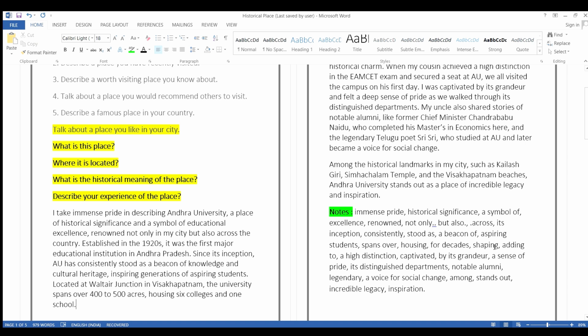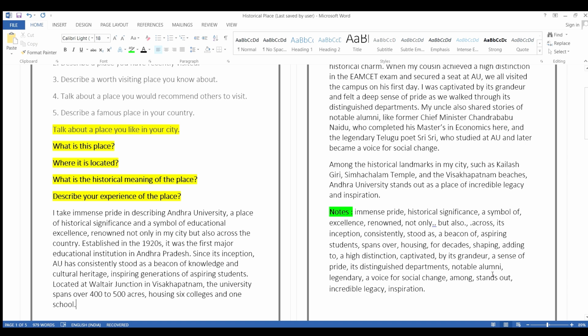Shaping is encouraging. Adding to is again encouraging. A high distinction is of high value. Captivated means attracted. By its grandeur means by its magnificent beauty. A sense of pride, that means happiness. Its distinguished departments, that means the various departments.